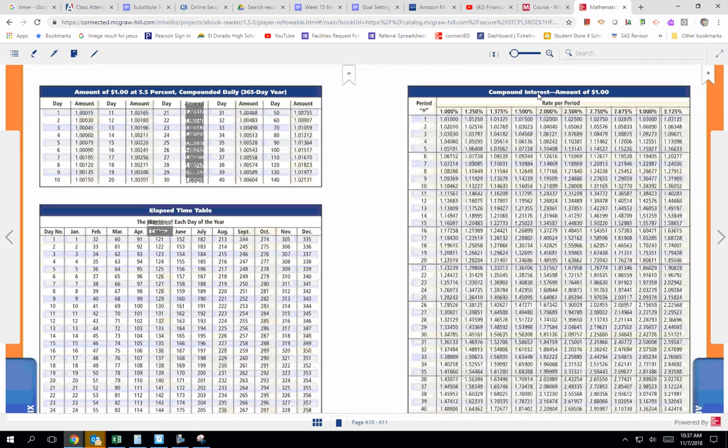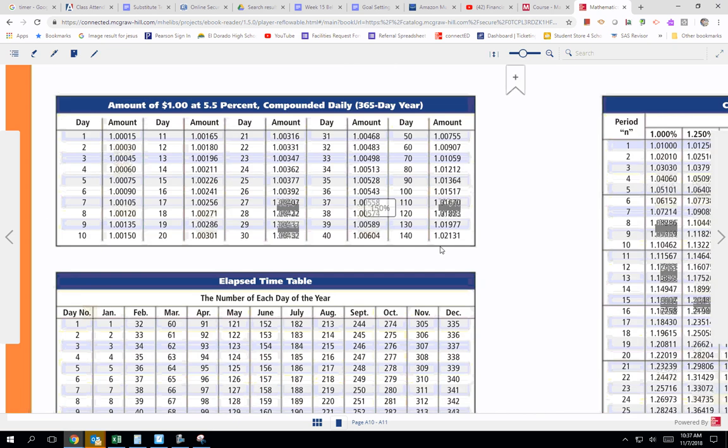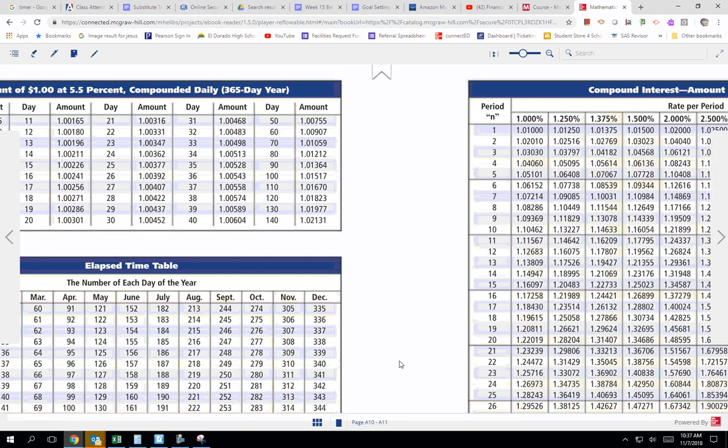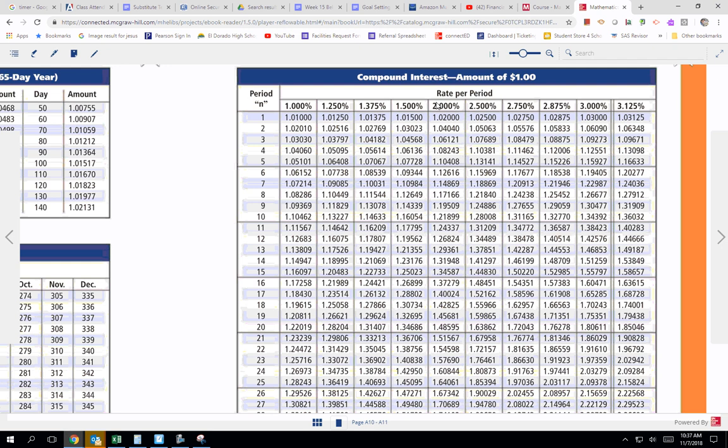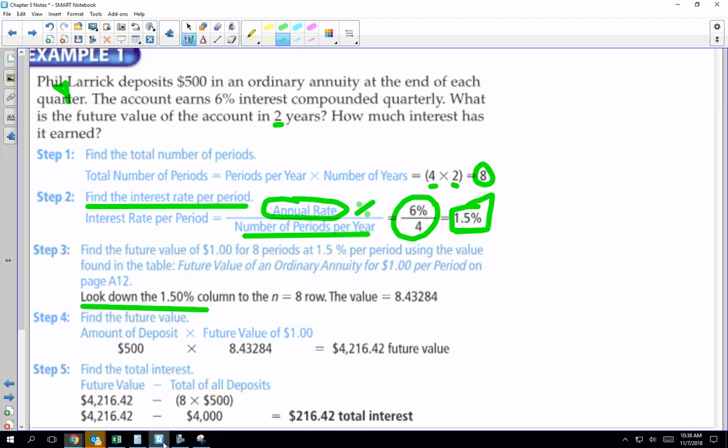So we have the 1.5%, which is here. And remember, we're going 8 periods. So from the 1.5% and 8 periods, we see that the amount for $1 for 8 times compounded is 1.12649. Okay, pull that up, and that's where they get, oops, that is not the right chart, so hold on.